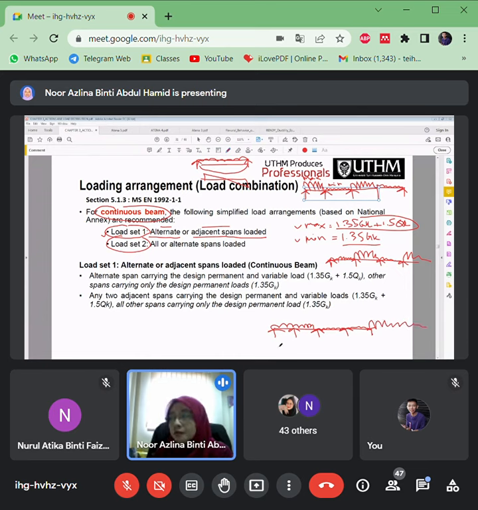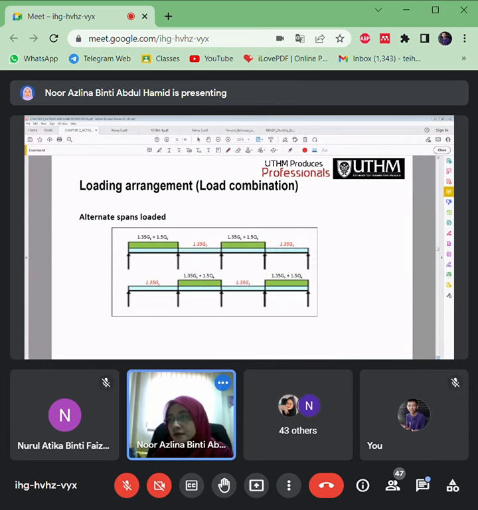Or it might start with the minimum load first for two spans. There are also other patterns in these slides, which you can see here.